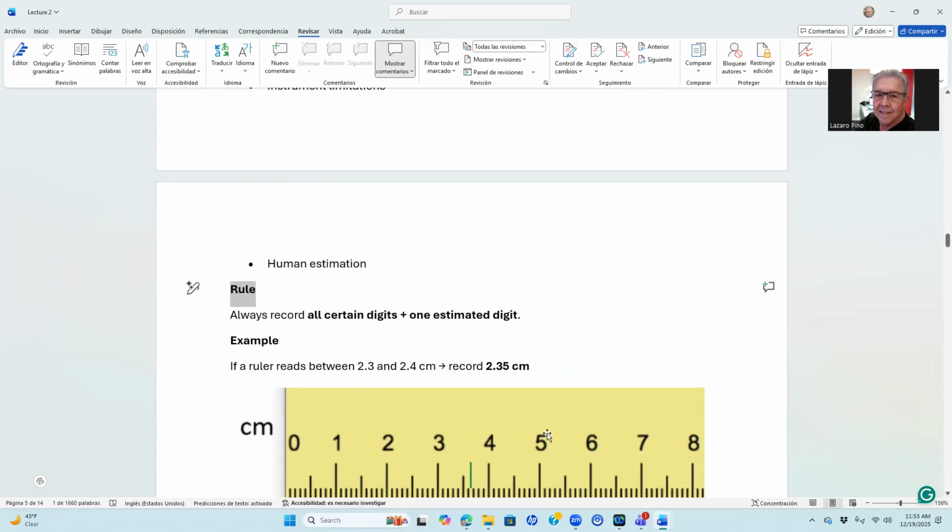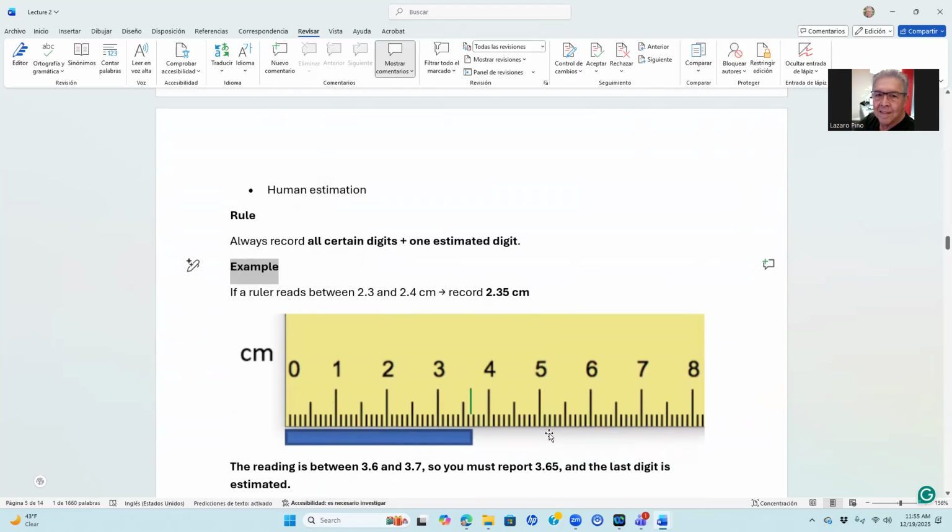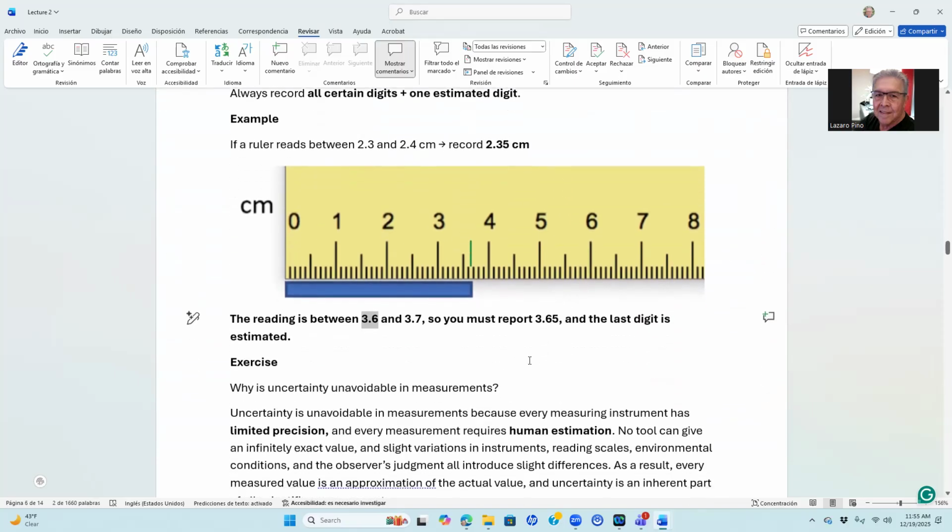Rule. Always record all certain digits plus one estimated digit. Example. If a ruler reads between 2.3 and 2.4 centimeters, record 2.35 centimeters. The reading is between 3.6 and 3.7, so you must report 3.65, and the last digit is estimated.